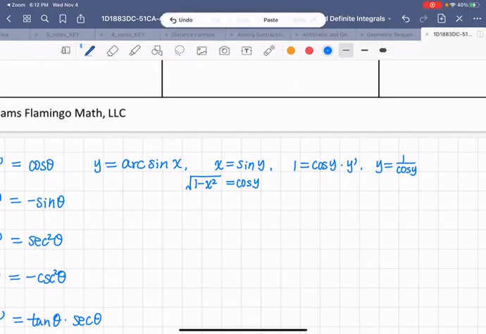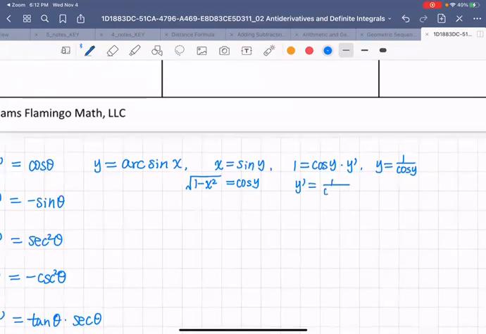So y prime equals 1 over cosine y, right? Yes. So this becomes 1 over the square root of 1 minus x squared. The reason we have to remember this is because they are going to ask a question like this: the integral or antiderivative of 1 over the square root of 1 minus x squared dx equals how much?